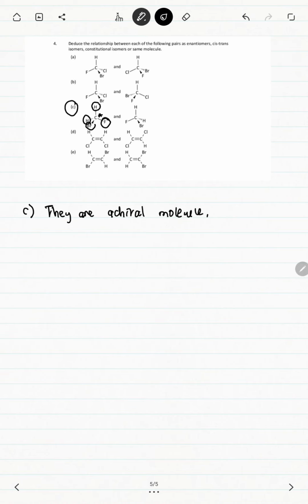Why are they an achiral molecule? Because they cannot have a chiral carbon. So, if they do not have a chiral carbon, they are classified as what?